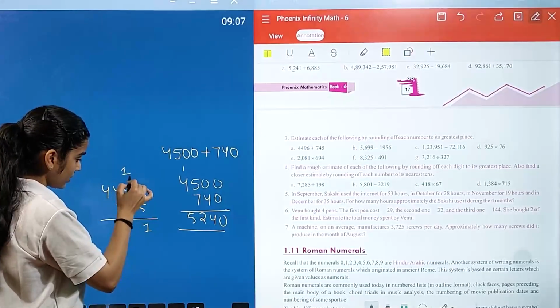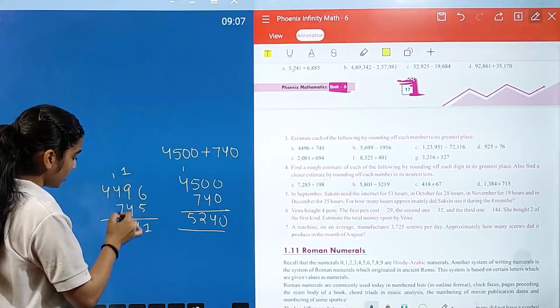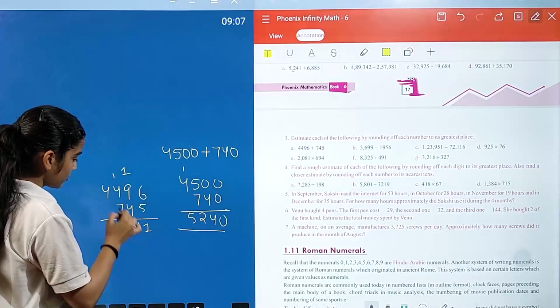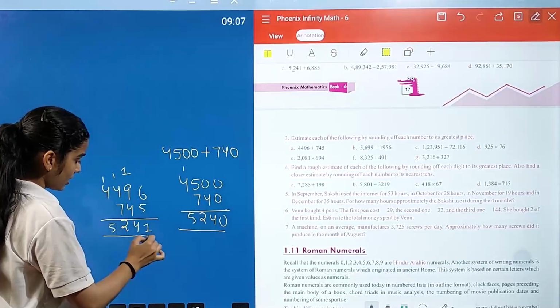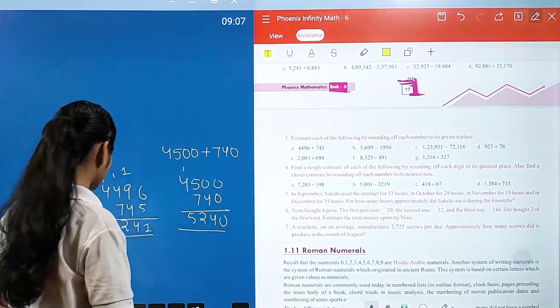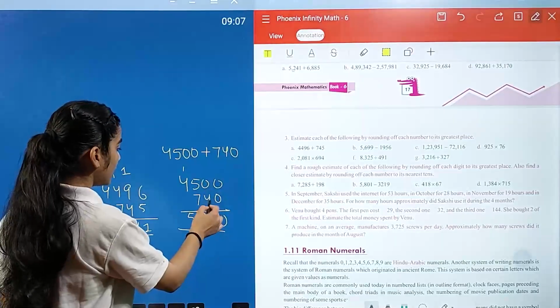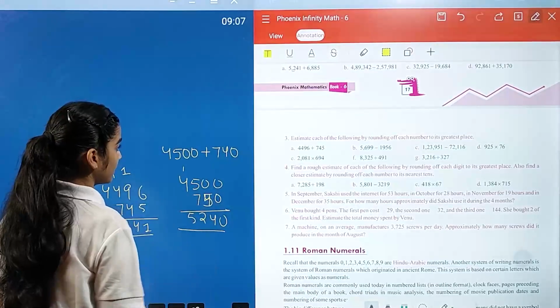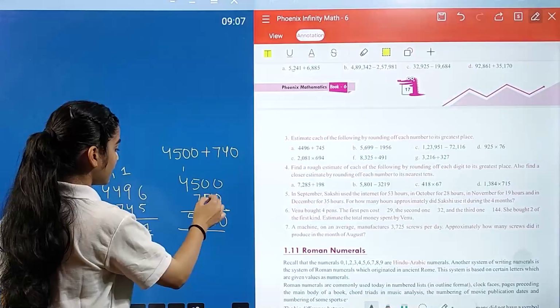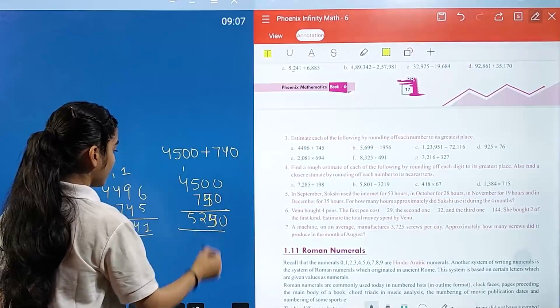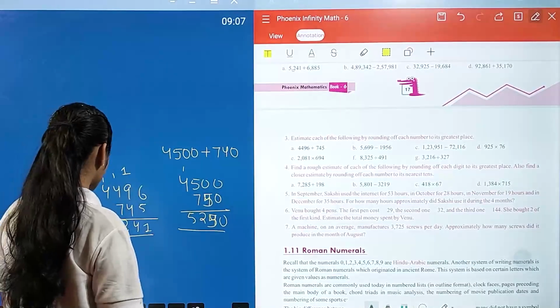So your answer is more accurate to the actual answer. If you want, you can also take 50 here. By taking 50 here, your answer will be 5,250, which is greater than it.